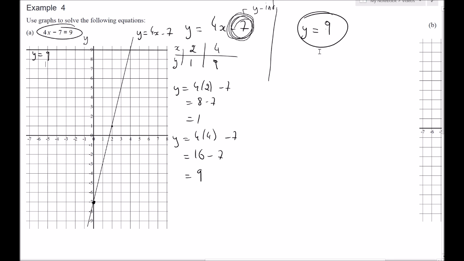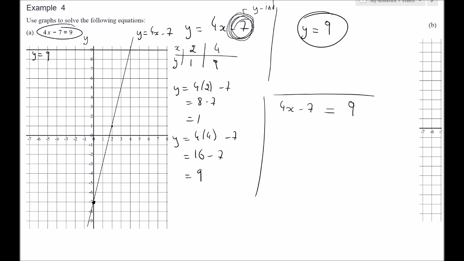The question is now you have to solve these. The original question was you have to solve the equations. So you have to wonder now, when is 4x minus 7 equal to 9? So when are these two equations exactly the same? Or in other words, for what x coordinate will they have the same y coordinate?